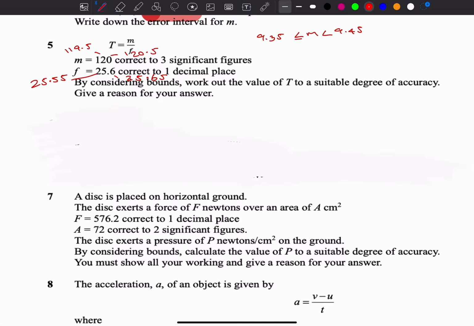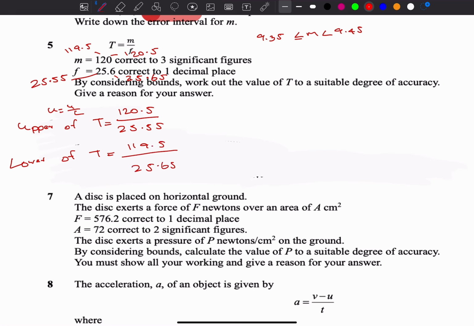So you will need the upper bound. Upper bound in terms of division is the opposite, remember. So upper bound is upper divides lower. So you want upper bound of t. You do upper divide lower. What's the upper on MS? 120.5 divide the lower 25.55, and you want the lower bound of t, which is the opposite, which is 119.5 divided by upper bound 25.65.